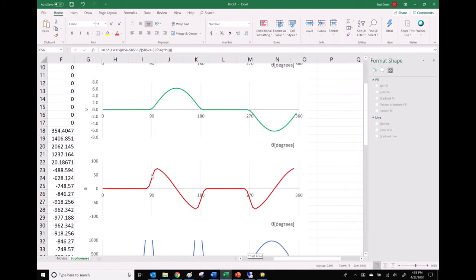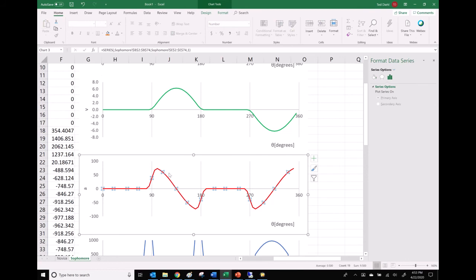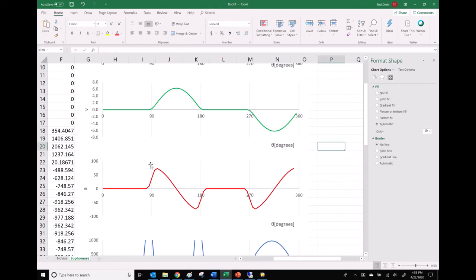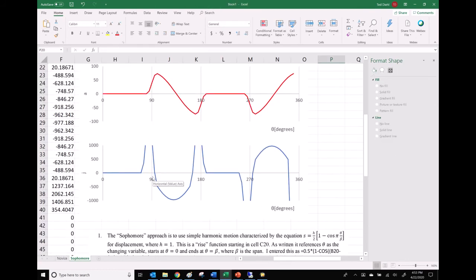It is a jump right here. If we were to make a much finer increment, we would be able to see that, and we can also see how we have these asymptotic looking slopes going on here where it goes to infinity.